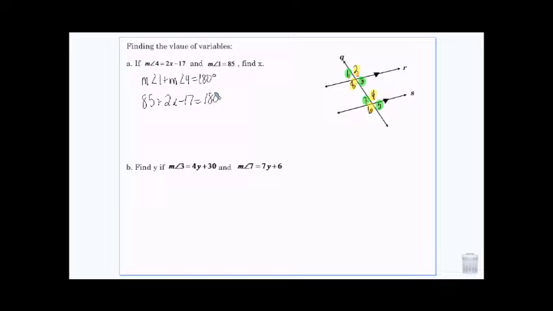85 plus negative 17 is 68. Subtract 68 from both sides.